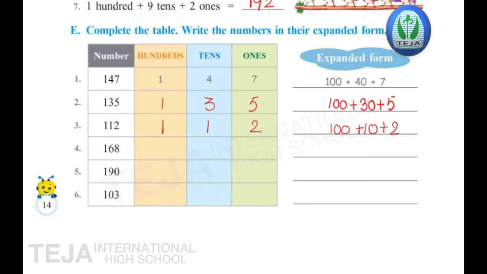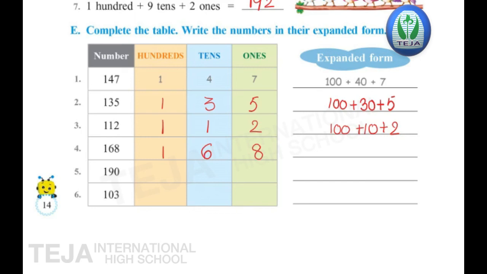Okay. Now fourth question. 168. Here 8 is in ones place, 6 is in tens place and 1 is in hundreds place. So write the numbers in the table. 8 in ones place, 6 is in tens place and 1 in hundreds place.